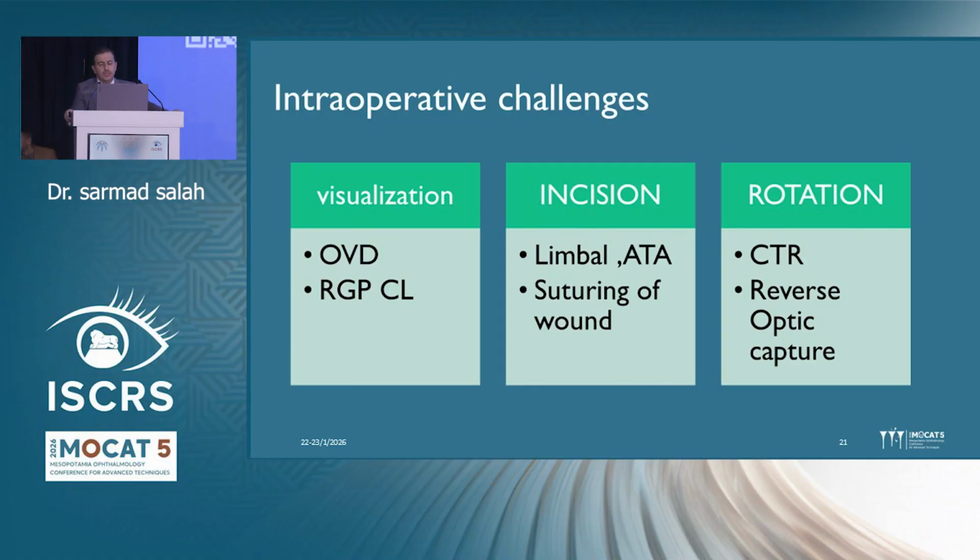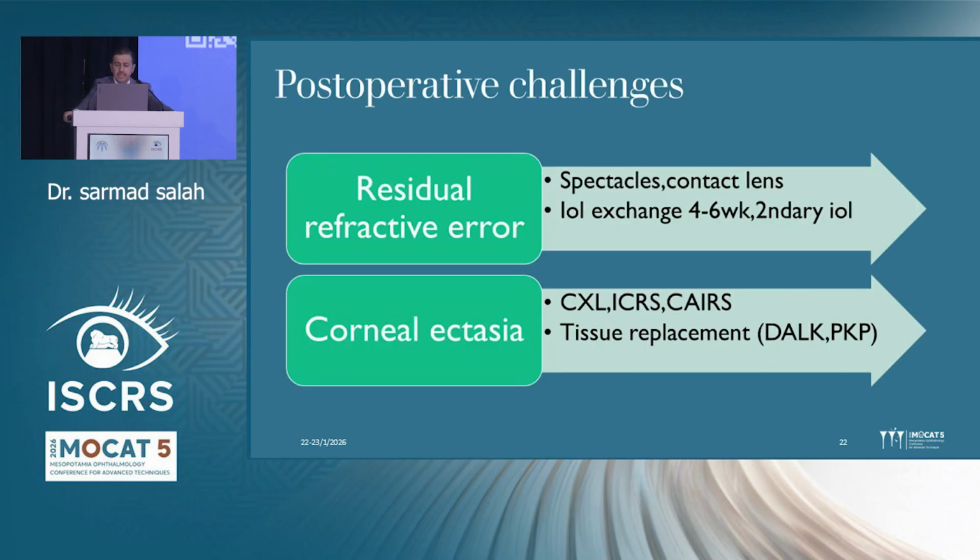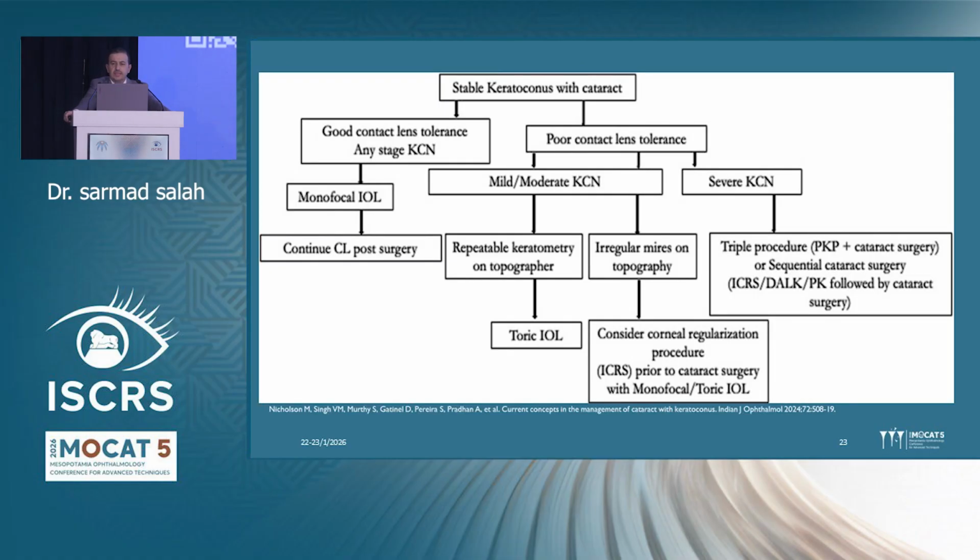After doing surgery, the story is not finished yet. There is a possibility of residual refractive error that can be managed with surgical or non-surgical methods, and corneal ectasia that is managed by different methods like cross-linking, ICRS, or tissue replacement. This diagram summarizes surgical planning of cataract in patients with keratoconus.